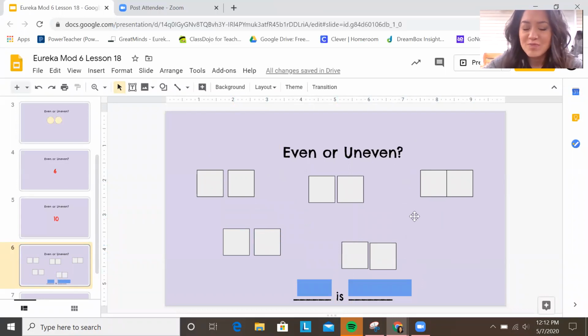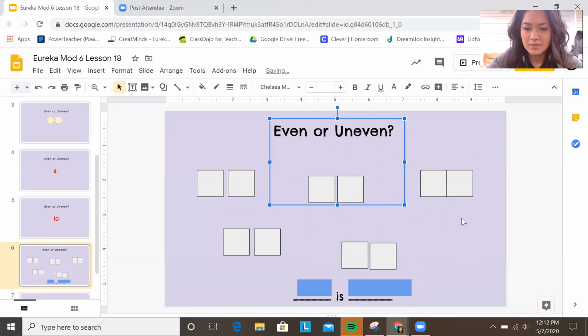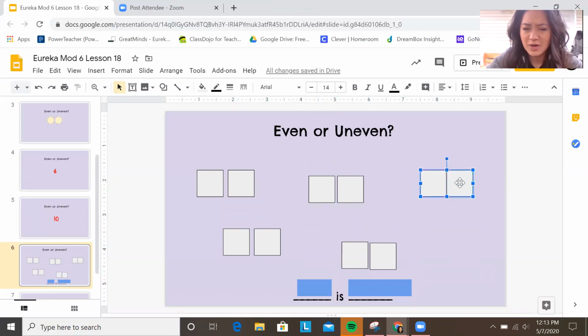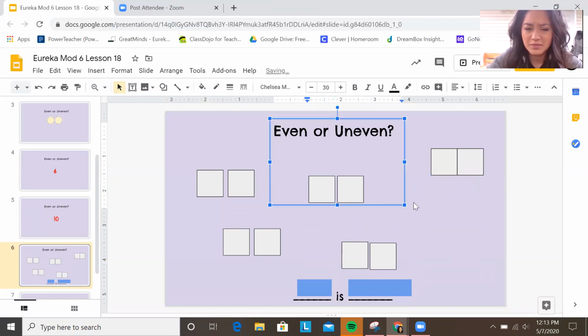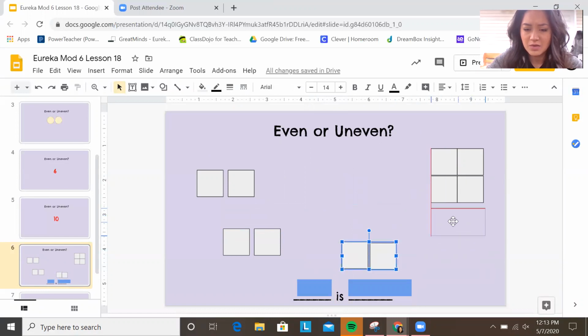What if I wanted to make an array? Should we try making an array? Let's try it. I'm going to make this a row.